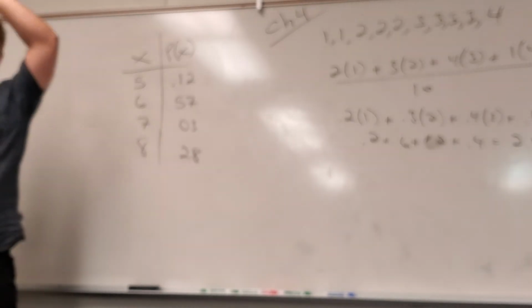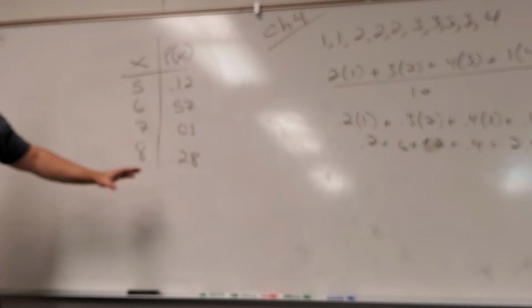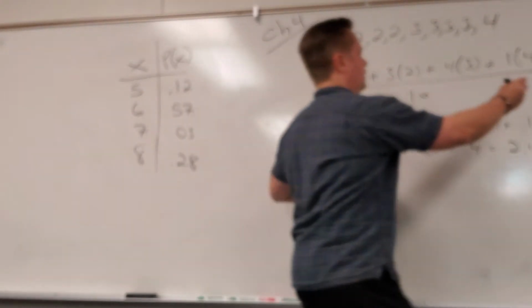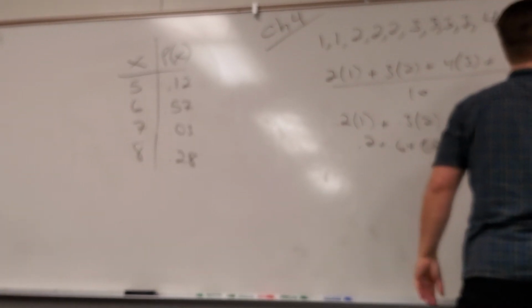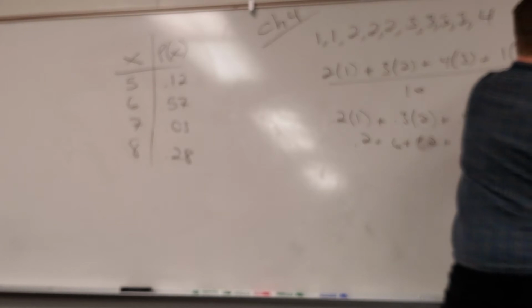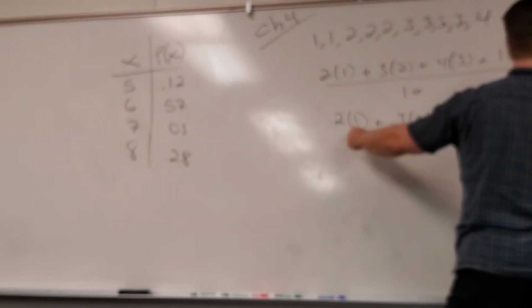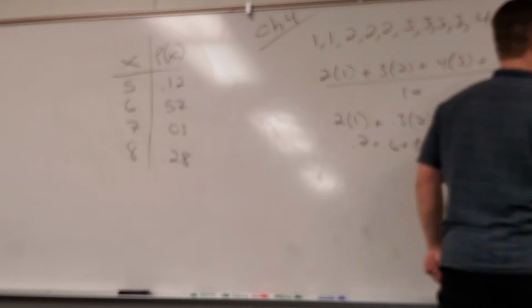I don't want to write 10 billion. This is much more informative. You guys kind of with me? A little bit. So I could have written this data set like this: 1, 2, 3, 4, and this would have been 0.2, 0.3, 0.4, 0.1.